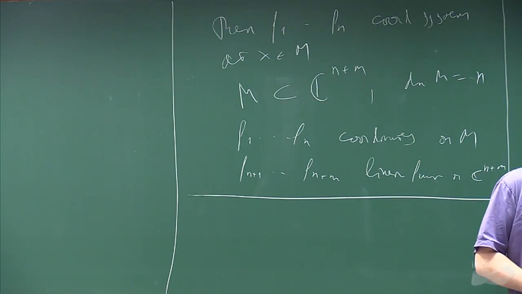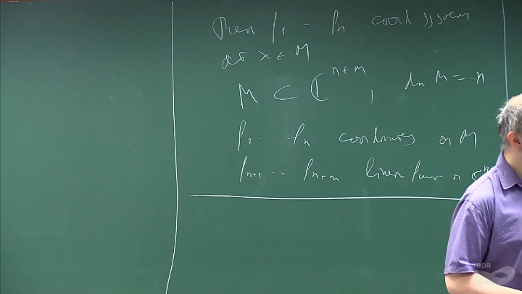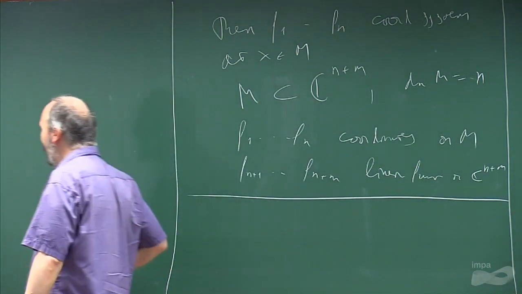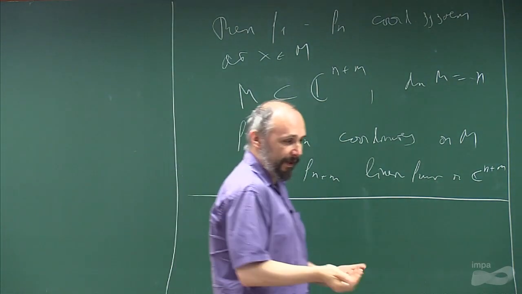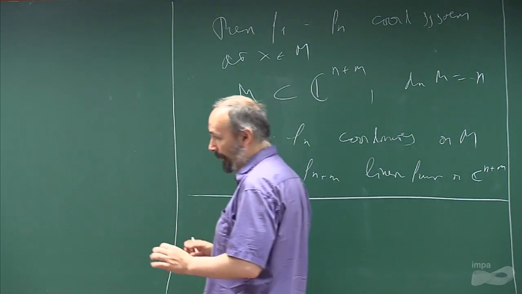So now I want to ask you, do you know analytic functions? Who knows analytic functions? Analytic functions are functions which are expressed as Taylor series. You can do real analytic, complex analytic, even p-adic analytic makes sense. But you really need to have a Taylor expansion of your functions. Not all functions have Taylor expansions. Formally, of course, you can write the Taylor series, but it doesn't need to converge even in a small neighborhood.